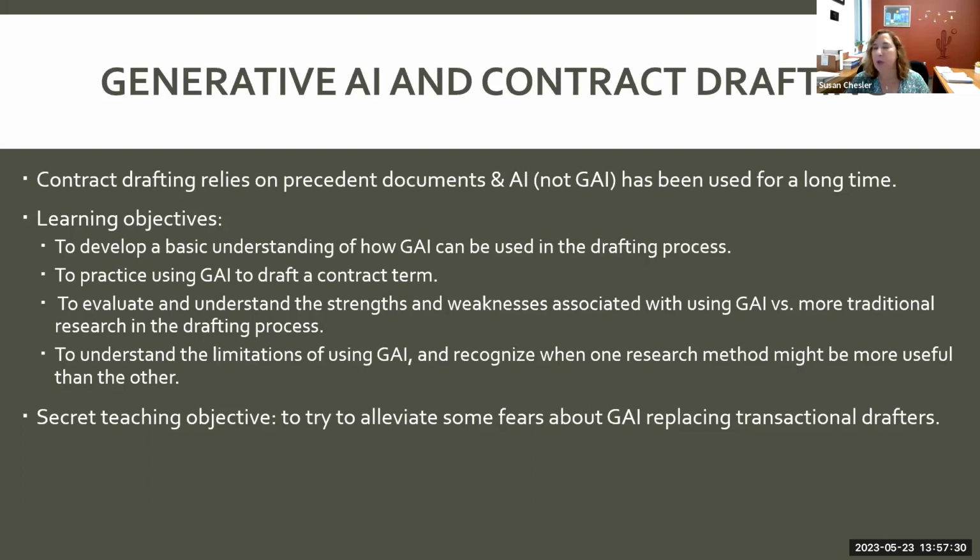I think people think, well, of course someone can just spit out an employment agreement or a lease agreement for us, and you don't really need to do much thinking. I disagree with that entirely. And so I really wanted to show my students who are interested in transactional drafting that that's not the case.